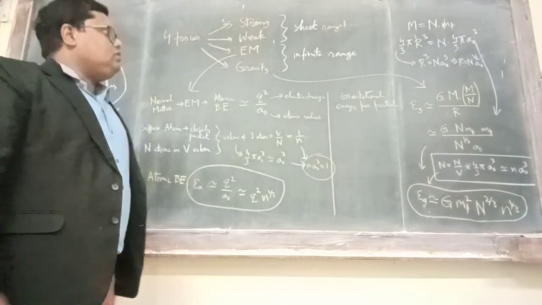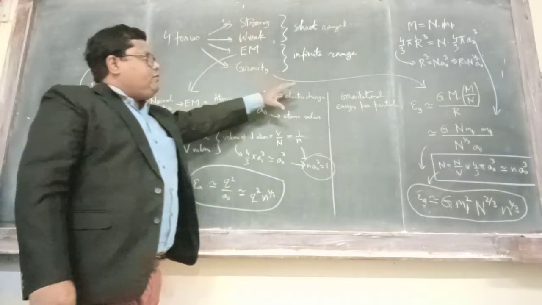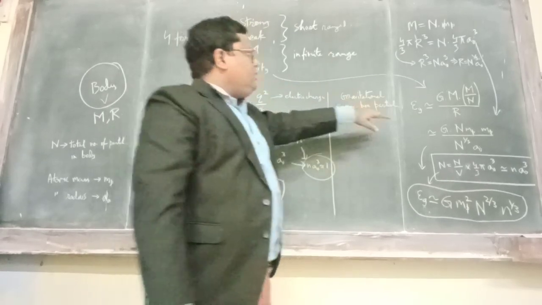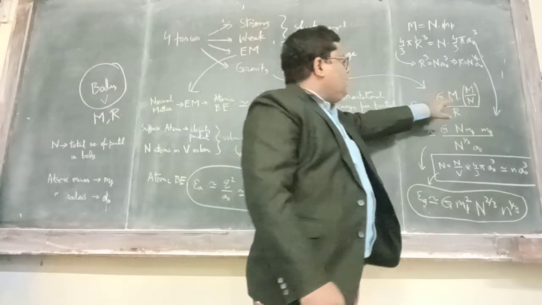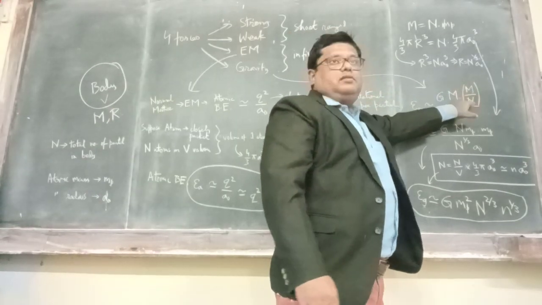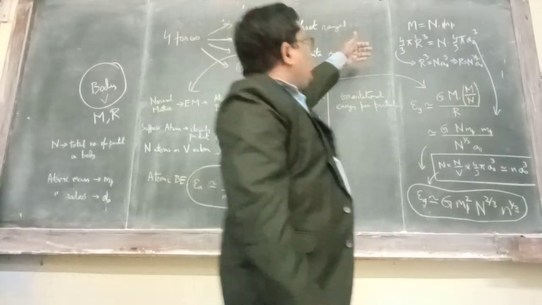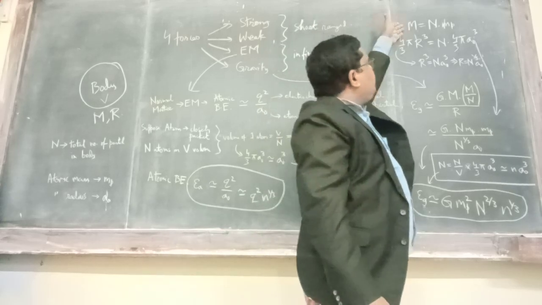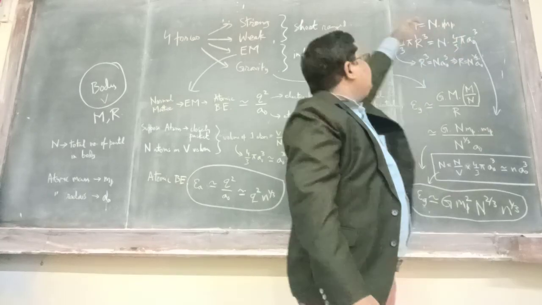Now let's talk about the effect of gravity. Let's try to find the gravitational energy per particle. So as usual, G M m by R. Here M is the total mass, and m is the small per-particle mass, M by N. I have done some very simple deductions over here. The total mass is total particles into m.